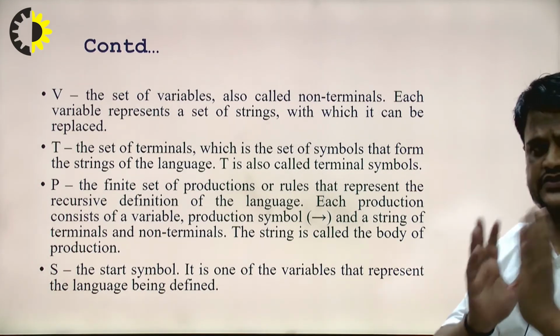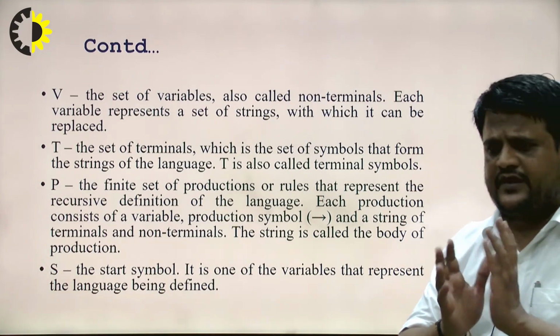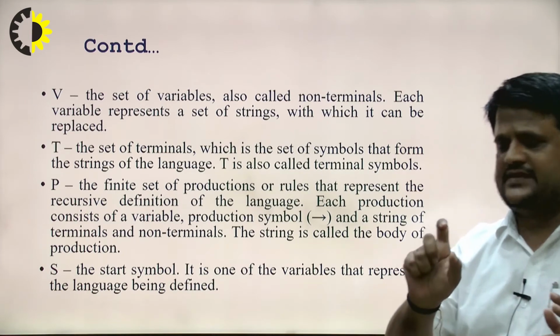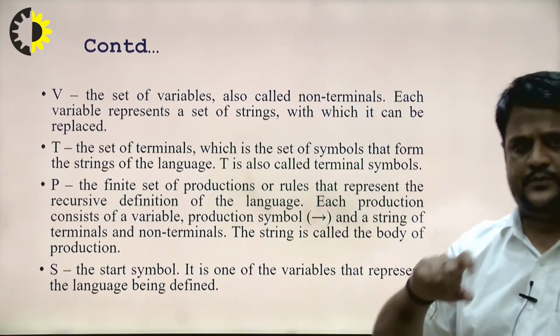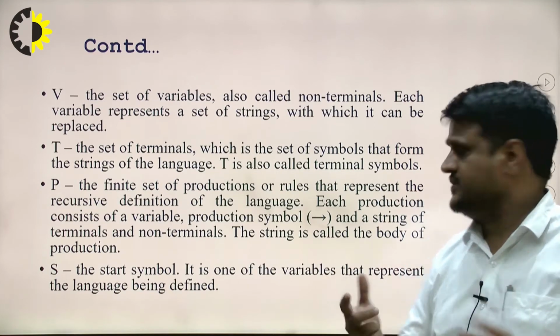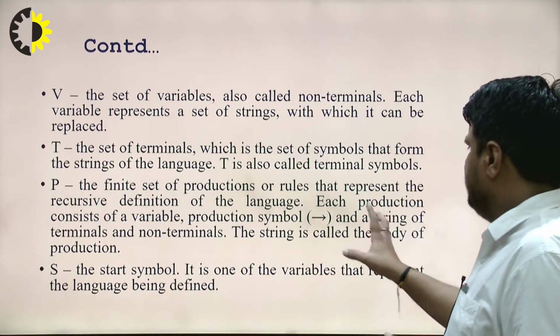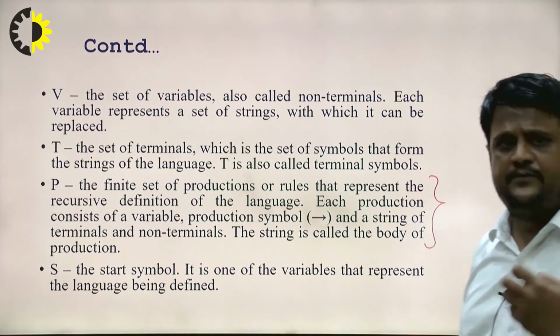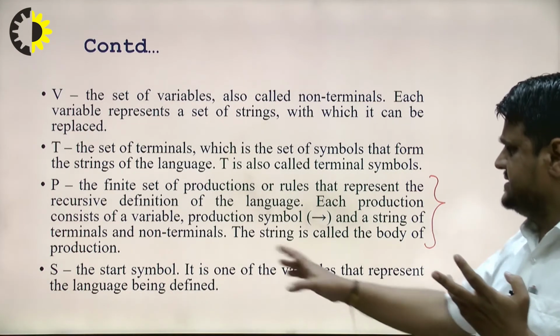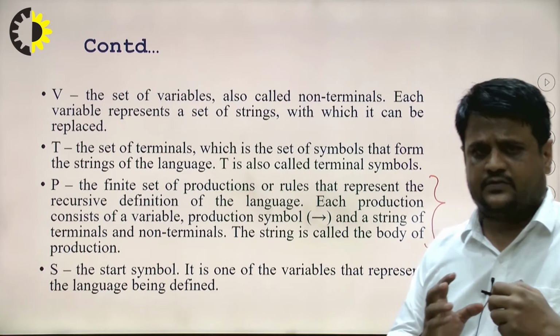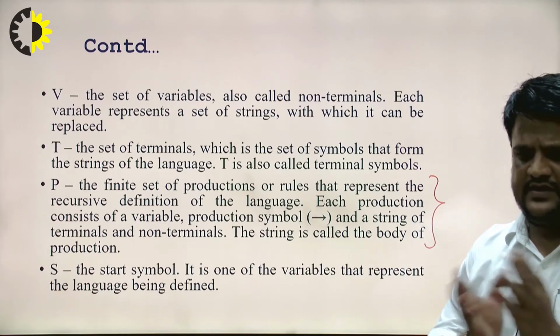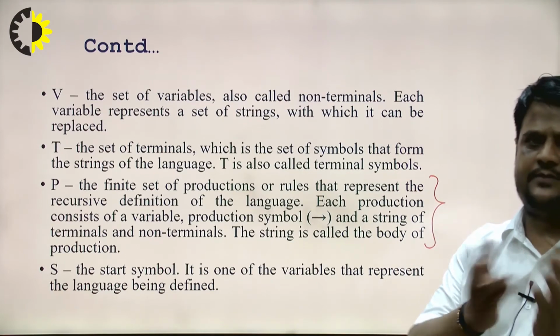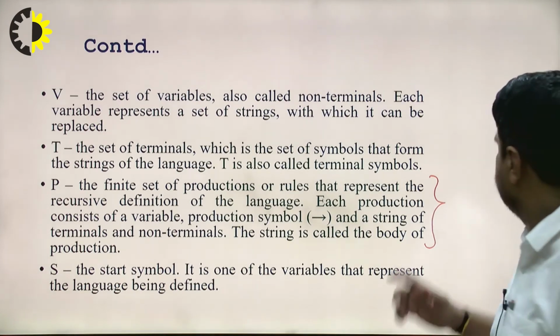The string is called the body of a production. The right-hand side is also called the body of the production. The production rules are the kernel or heart of a particular grammar. S is the starting symbol, which represents the derivation from where we can derive a string of a particular language.